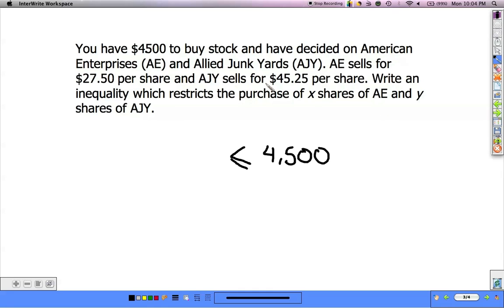So all that's telling me really is that X is the variable I'm going to use to represent AE, and Y is the variable I'm going to use to represent AJY. And I want to see how much I can buy of them all together.